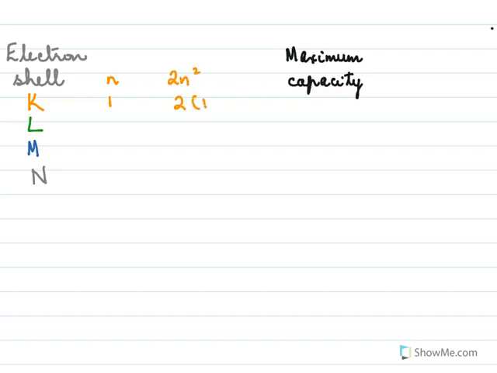So 2 × 1 square, which is 2. So the K shell can hold 2 electrons, maximum capacity. The L shell is the second shell. The electrons it can hold: 2, n is 2, so 2 × 2 square, which is 8 electrons.